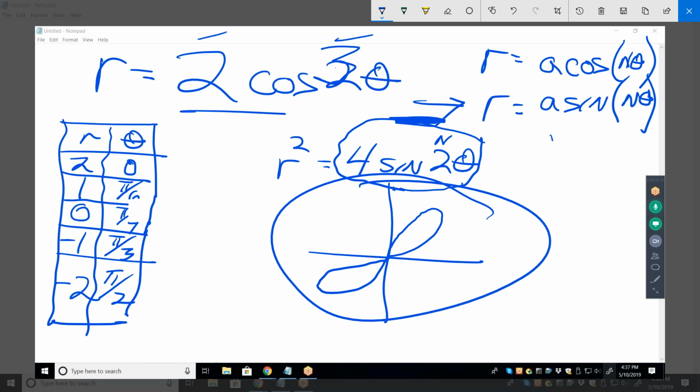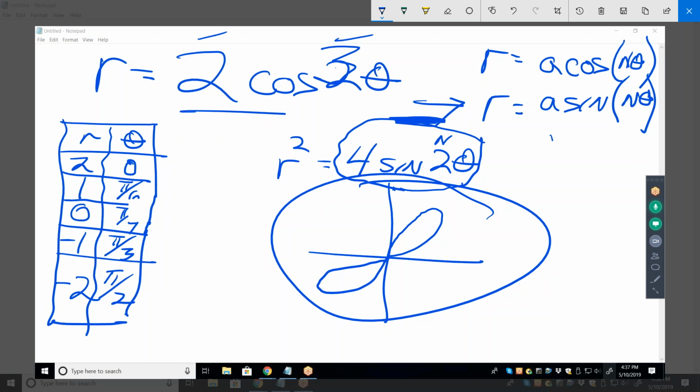And that's what it means basically: if you make a table, usually these things get traced out once when you go from 0 to 2 pi. Some of these polar curves actually get traced out twice, and to trace them out once, you only need to go from 0 to pi.